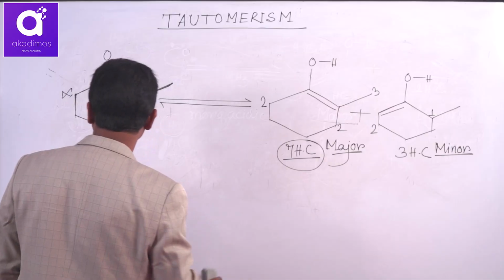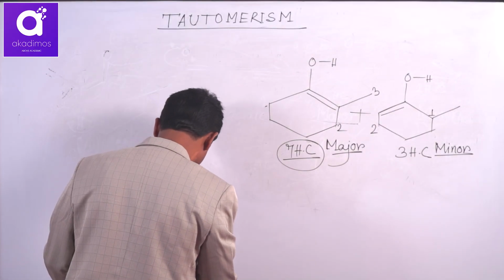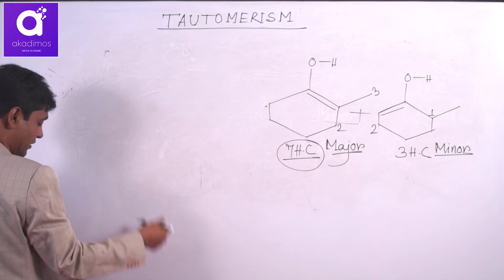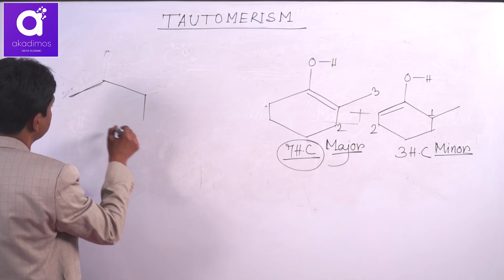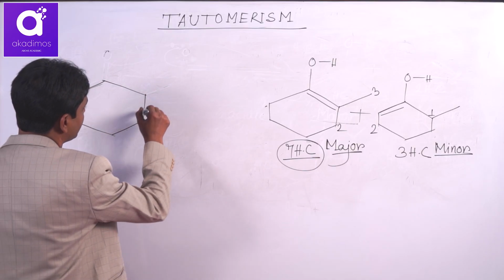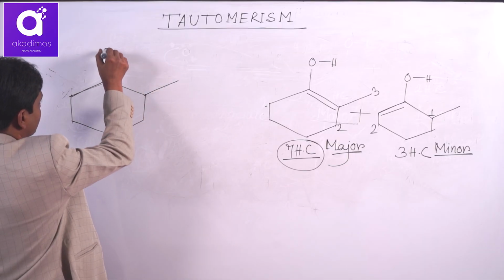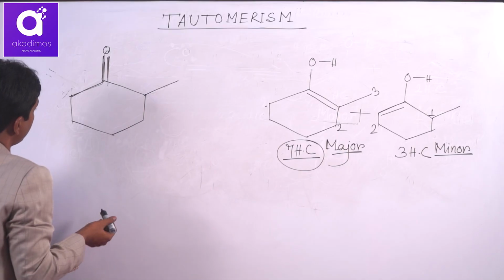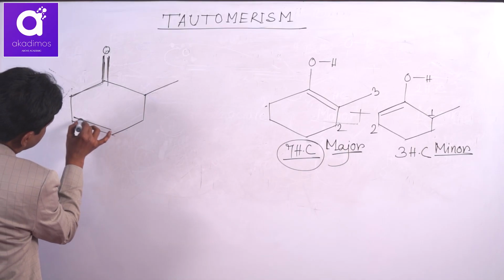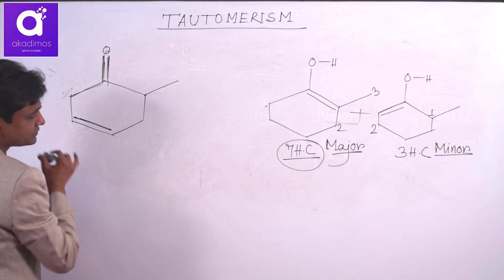Now I am taking another example. Just changing the example. Like the previous one, but I will put a pi bond. It was the previous example. I am taking here a pi bond. See, I am taking here a pi bond.